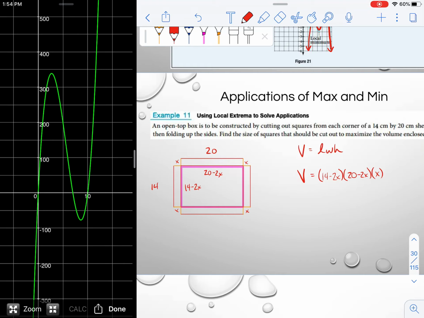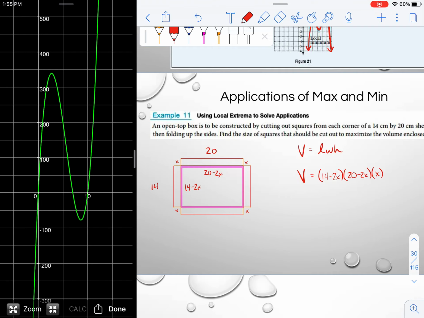Okay, then obviously I also can't cut out a 10-inch square, right? Because I would have cut it out in the other direction completely and I would have nothing left. Okay, so I know that for this, based on my smallest dimension being 14, the absolute largest that I could cut out has to be less than or equal to 7 inches. Okay, or 7 centimeters rather.